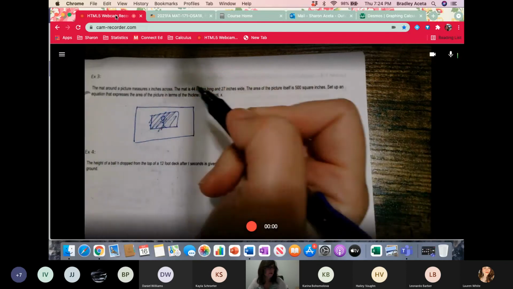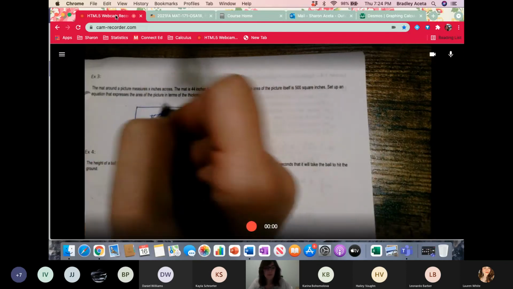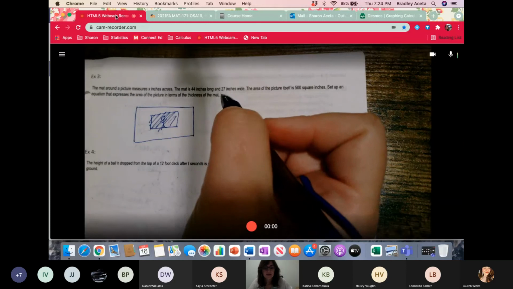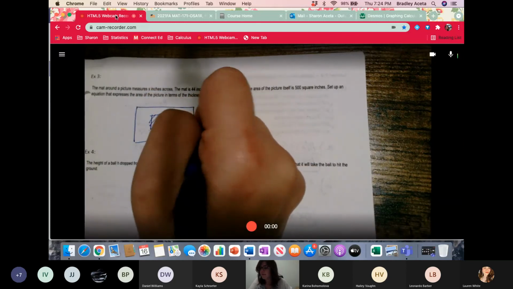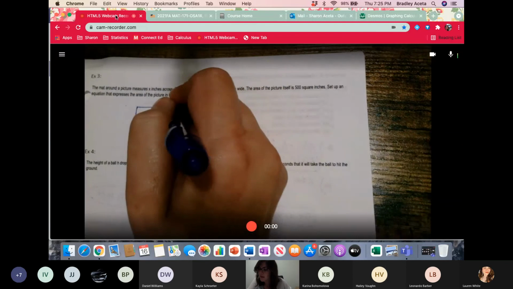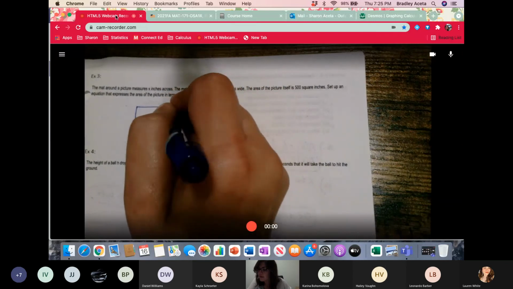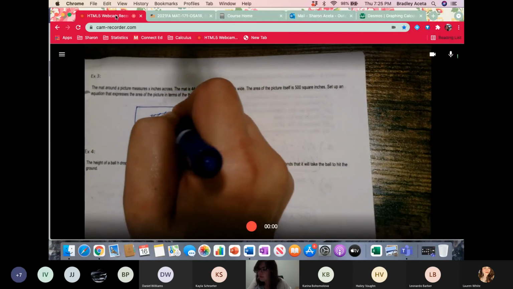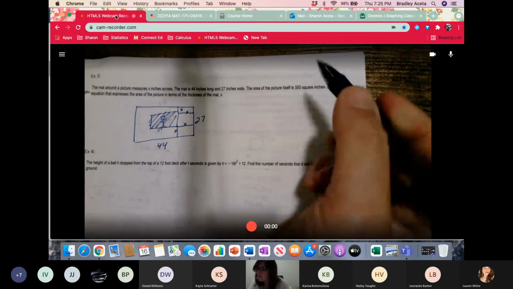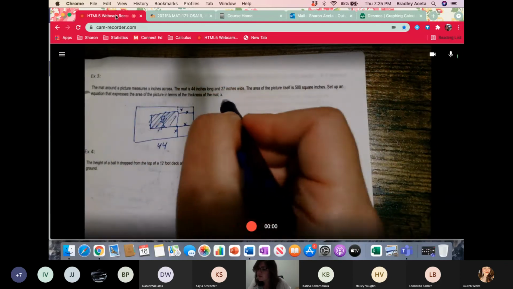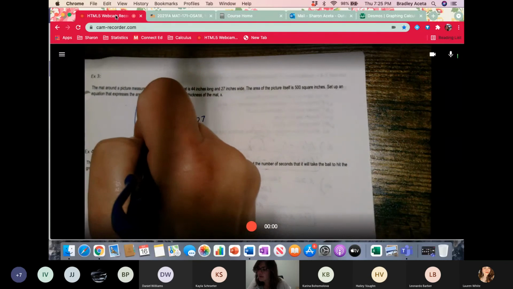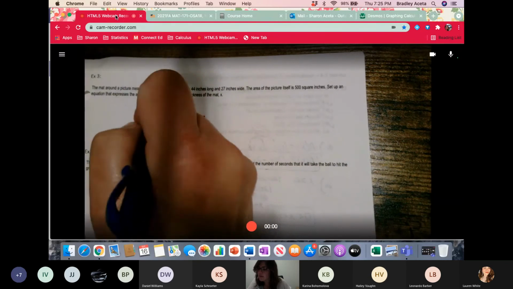So the mat is 44 inches by 27. And so again, I've got an X happening here. Set up an equation that expresses the area of the picture in terms of the thickness of the mat. The mat itself is X by X.